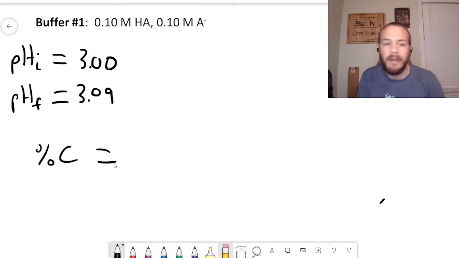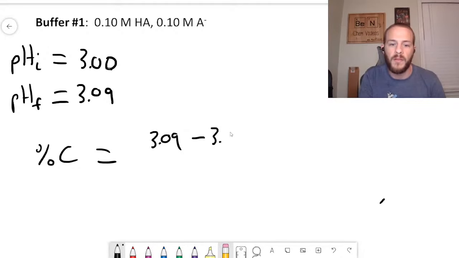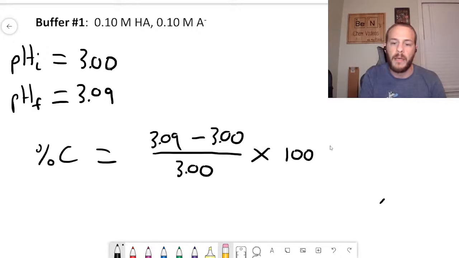The percent change in anything is going to be final minus initial over initial times 100%, right? So that's going to be 3.09, that's the final pH, minus 3.00, that's the initial pH, divided by the initial pH, that's 3.00. And then, of course, it's going to be times 100%. So again, it's just final minus initial over initial times 100%. That's how we get the percent change of anything, right?